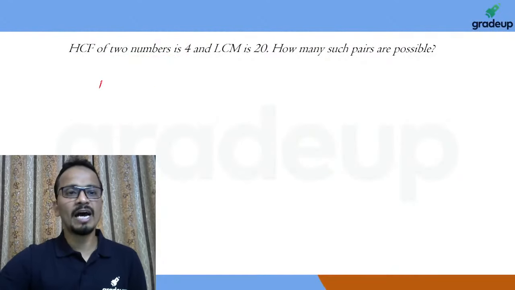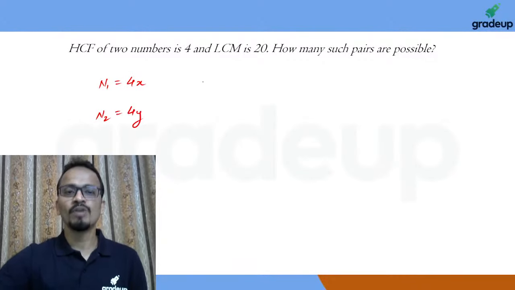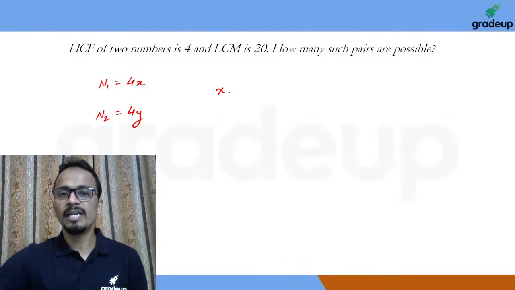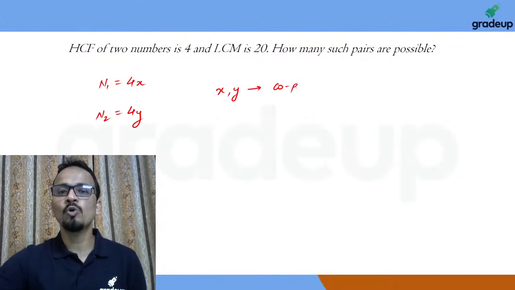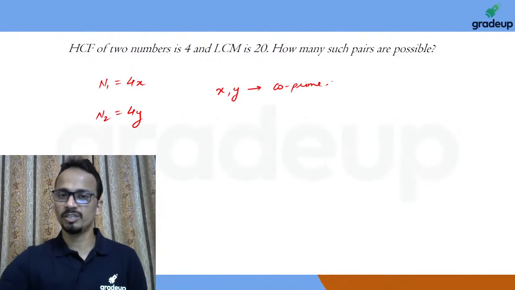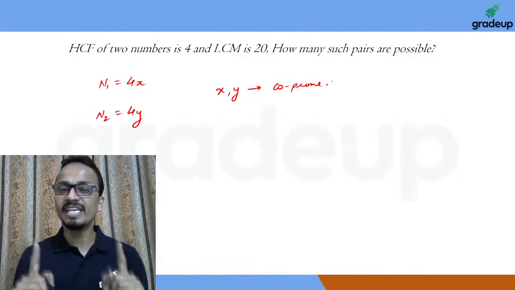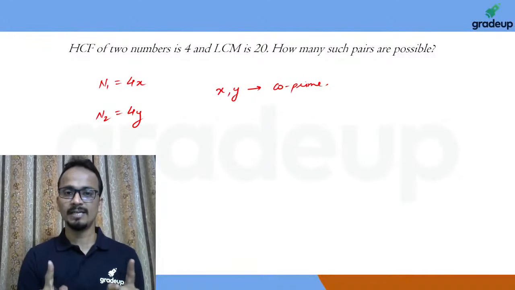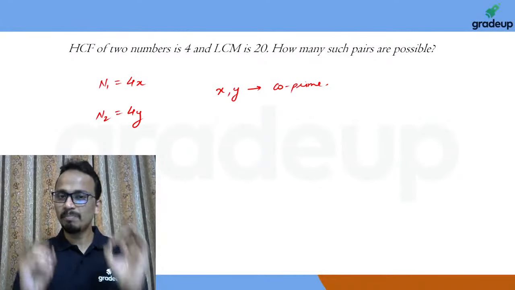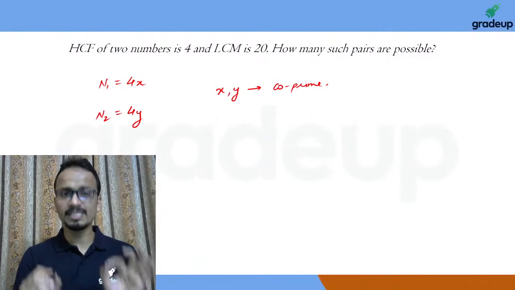So if I have assumed n1 as 4x and n2 as 4y, 4 being the highest common factor of these two numbers, the relation between x and y will be that they are co-prime with respect to each other. All right, this is one very important fact you need to understand. This is the backbone of this question. This concept is the backbone.